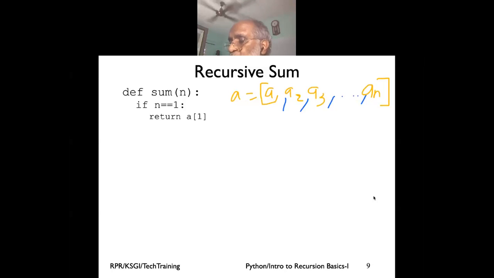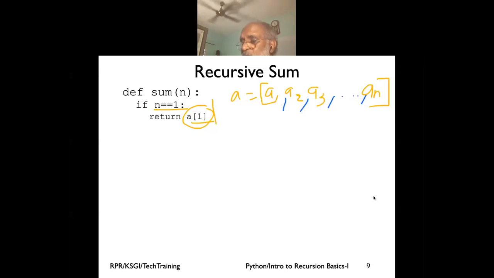How do I go about finding the sum? If my array size is 1, I know my answer is the element itself. This is what is called brute force, because I cannot make a smaller problem than size 1. So if my array size is 1, I get the answer.